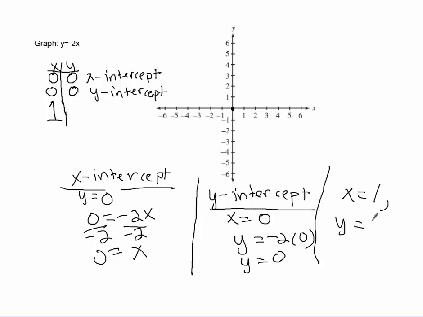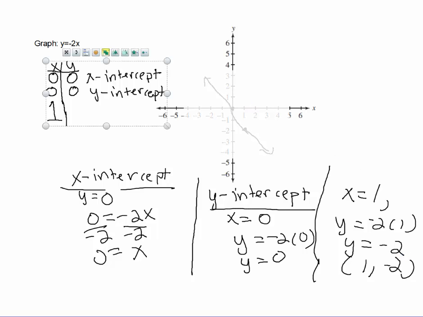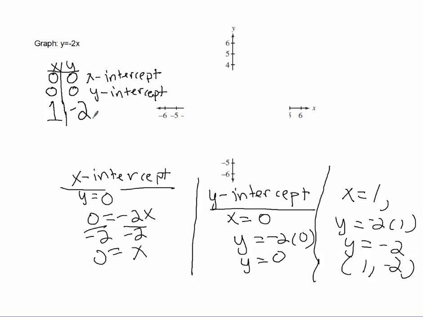I'll replace x with 1 and get that y is equal to negative 2. So in this case, I get this third point, 1, comma, negative 2. Negative 2 is the y-coordinate for my third point that I use to graph this line.